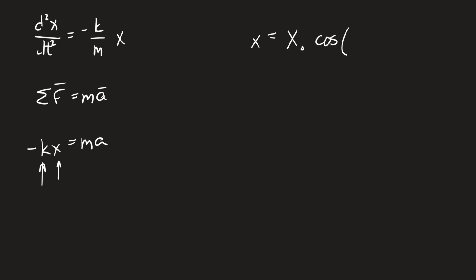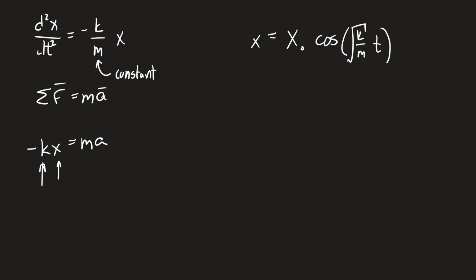Now, technically, the constant that we put there should be the square root of k over m, times t. I say that because if you looked at what we had just a minute ago, we had a c squared there, so we're saying that this is our constant.